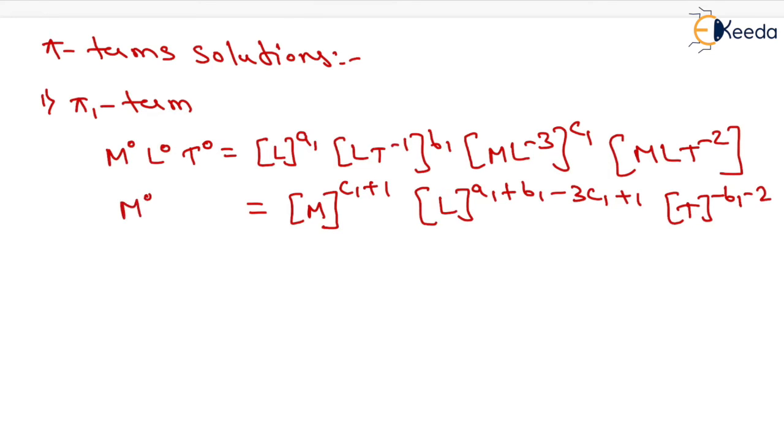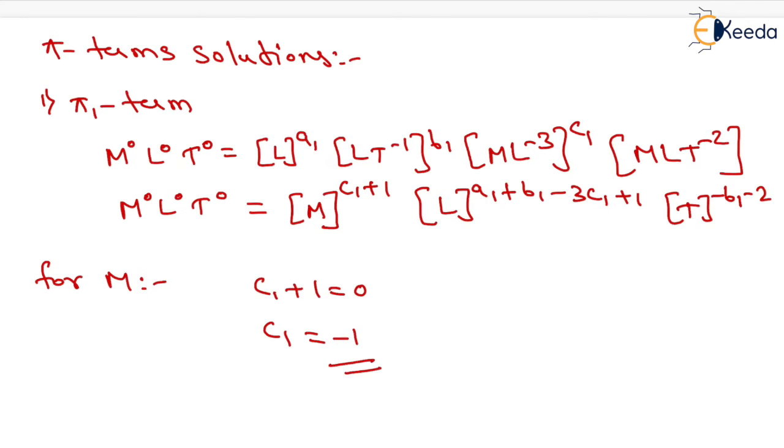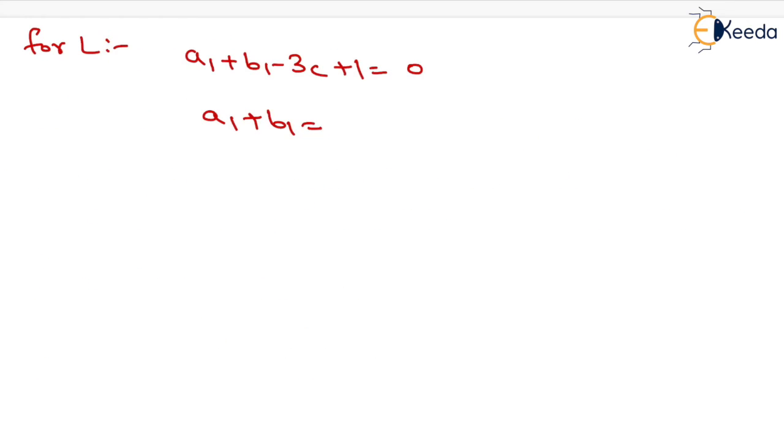Similarly, here M0, L0 and T0. Now for M, c1 plus 1 will be equal to 0. So the value of c1 will be equal to minus 1, which is shown here. Similarly, on putting the value of c1 here, a1 plus b1 will be equal to minus 4. Similarly, for T, minus b1 minus 2 will be equal to 0. So the value of b1 will be equal to minus 2.